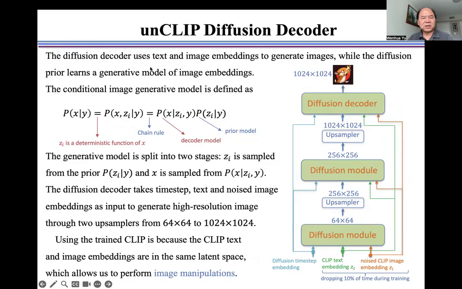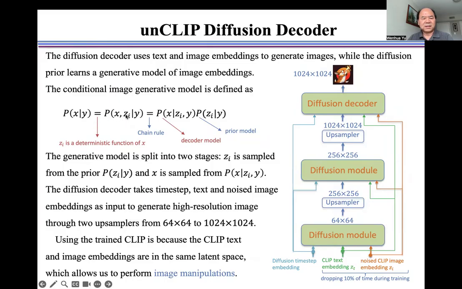The diffusion decoder uses the text and image embeddings to generate images, while the diffusion prior learns a generative model of image embeddings. The conditional image generative model is defined here.